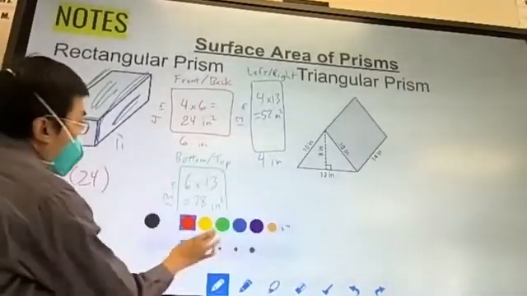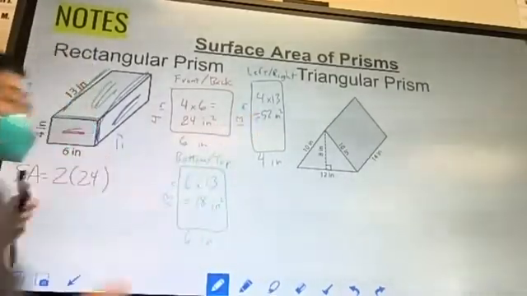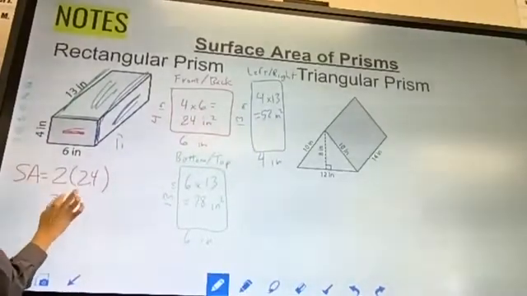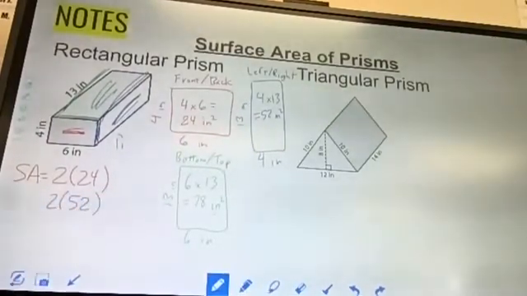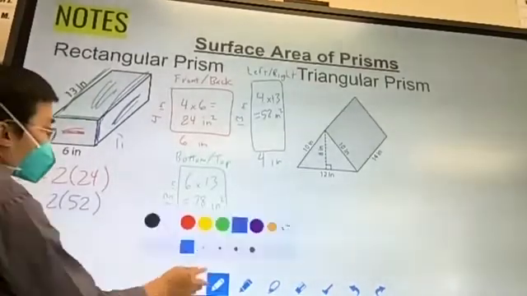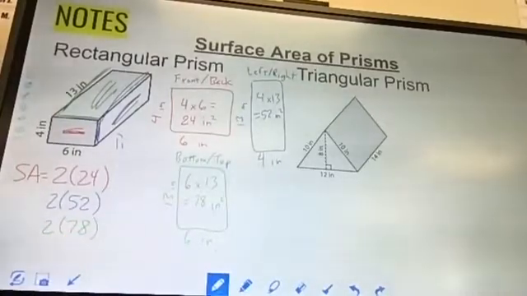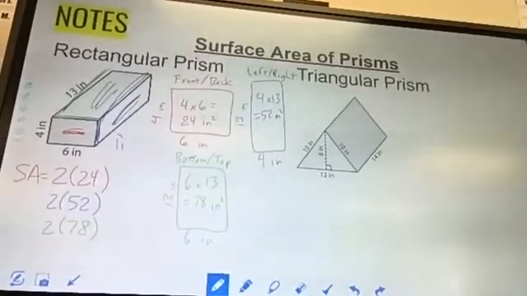And then we're going to do 2 times 52, because that's the left and the right. And then we're going to do 2 times 78, because that's the bottom and the top. And we add all that up.